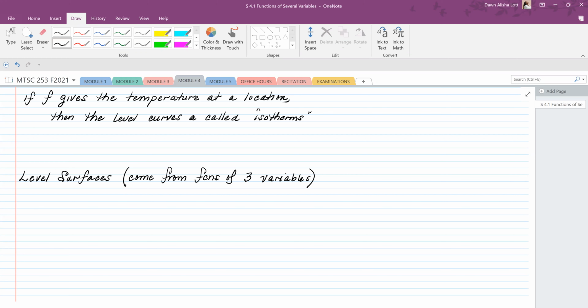So that means we let W, which is a function of X, Y, and Z, equal a constant.